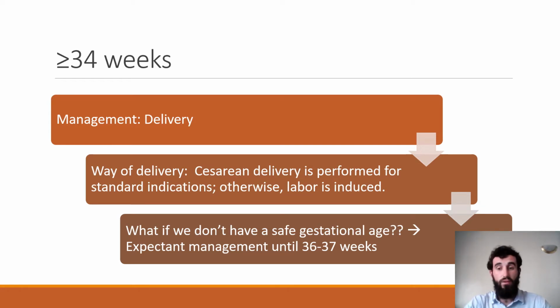The way of delivery is controversial, but the normal vaginal spontaneous delivery is recommended. The cesarean will be recommended just in the standard indications. If we don't have those, the spontaneous vaginal delivery is recommended.